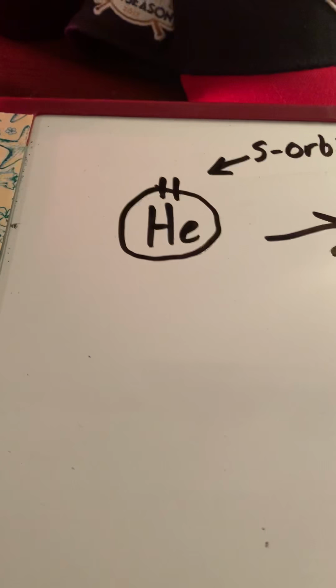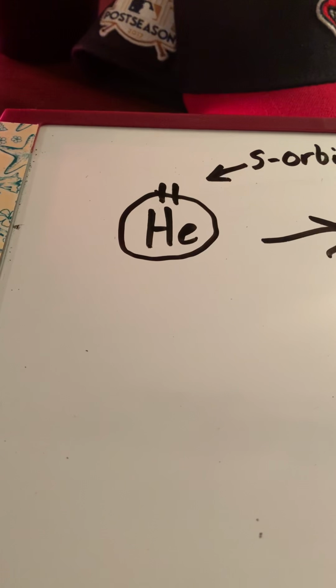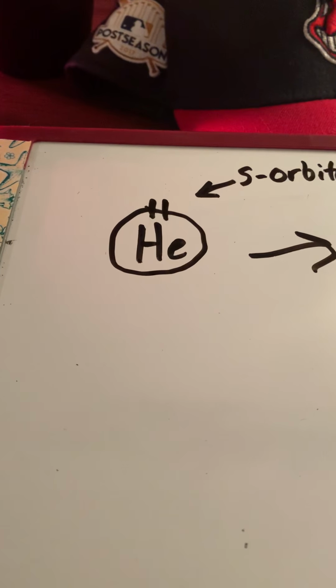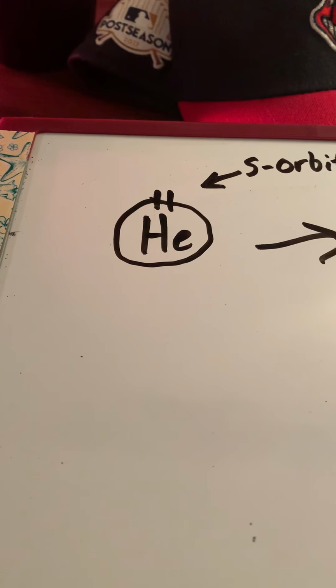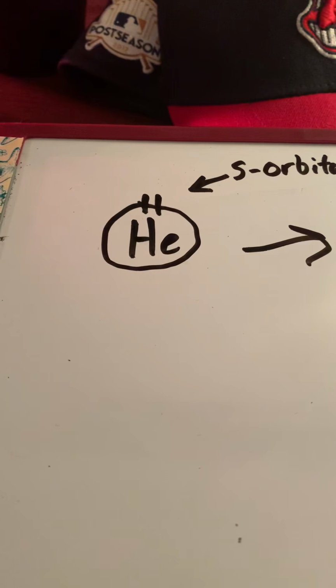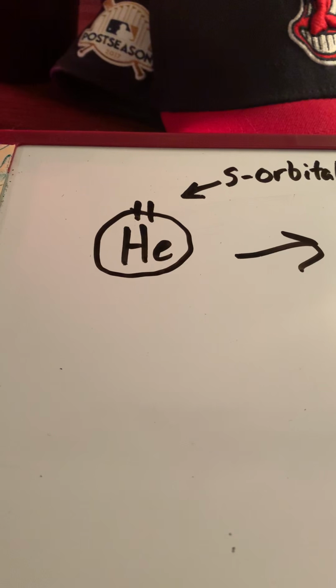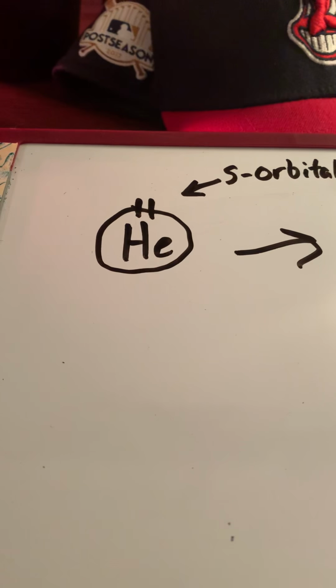Because of that, we can actually talk about where the electrons are and where we expect them to be with its electron configuration, which is something new, but it's not that difficult. We should be able to translate showing where our electrons are with our electron shells into this quite easily.